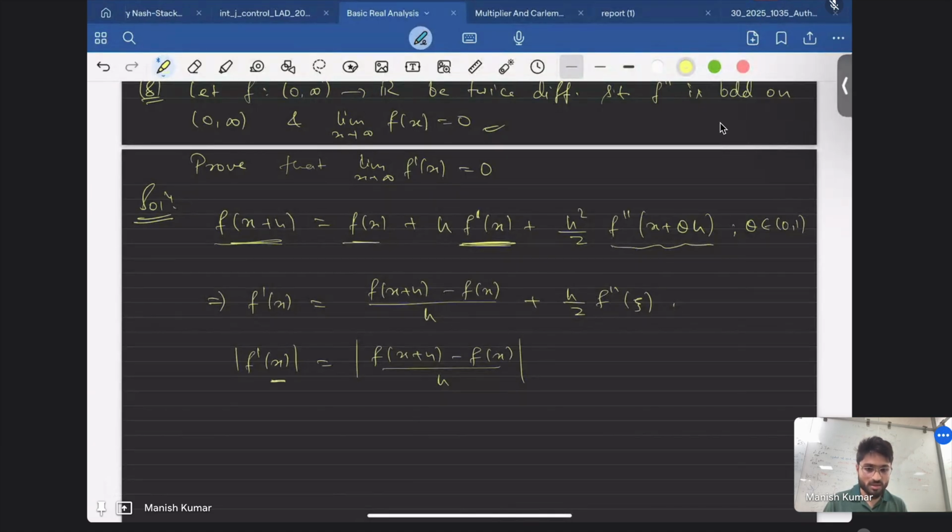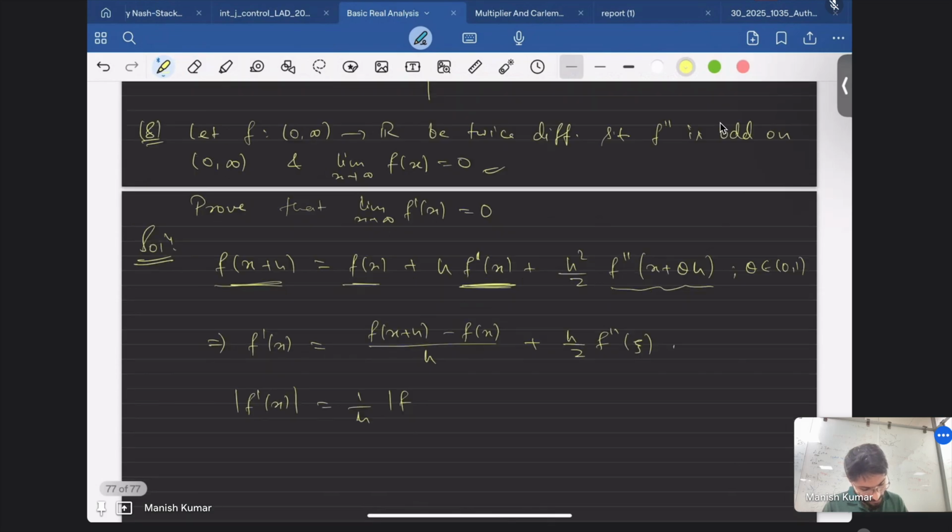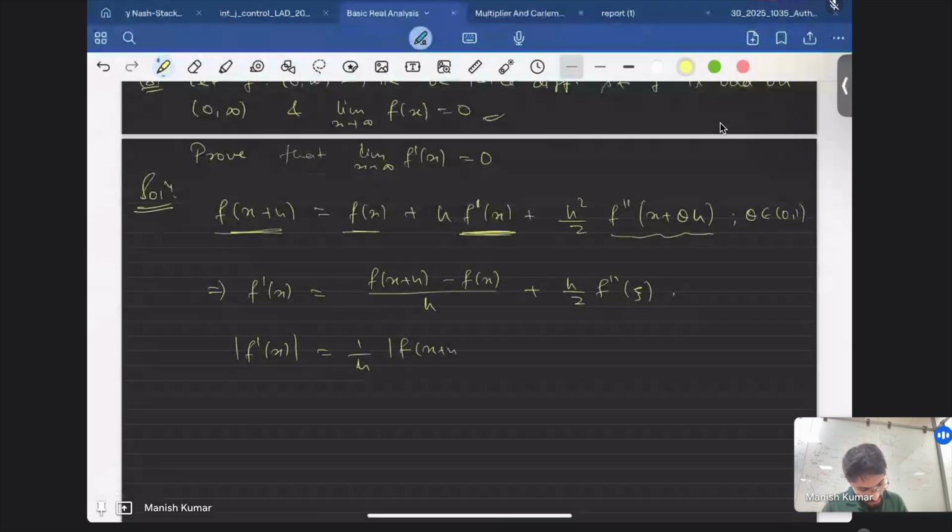So maybe I can just use the triangle inequality. So let me write that: 1 by h times mod of f of x plus h, minus f of x. If you want you can add plus as well, we'll see. And this is h by 2 f double prime, so this I can write as M, right?